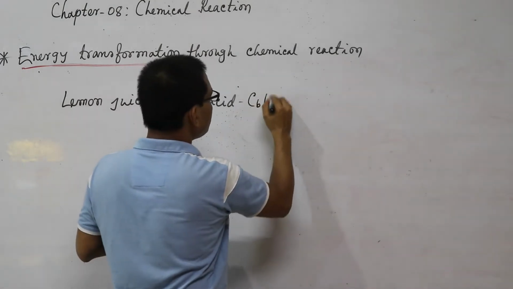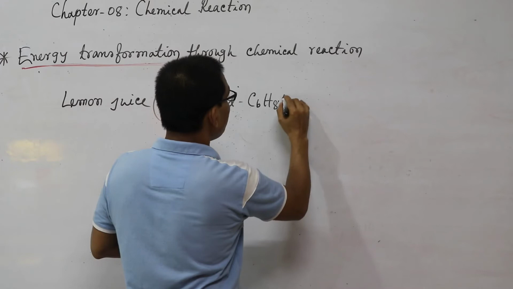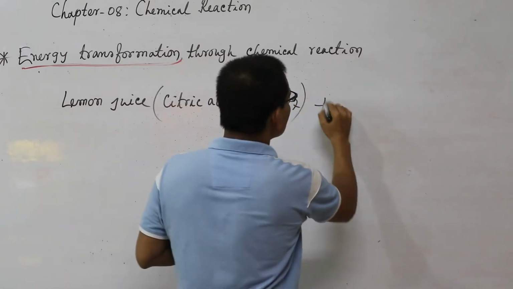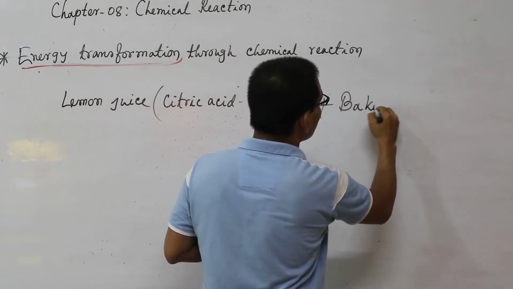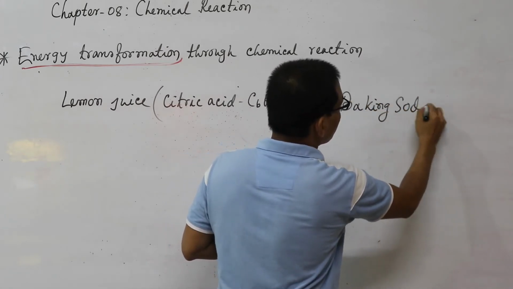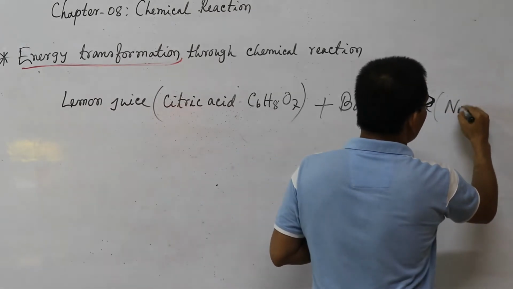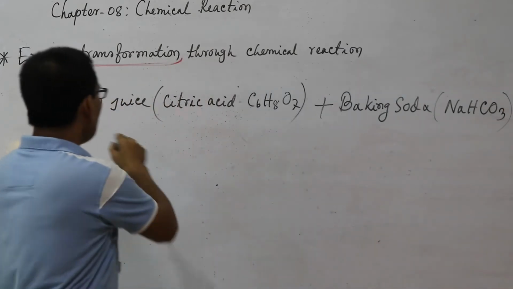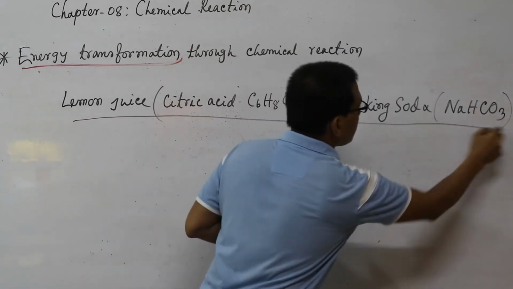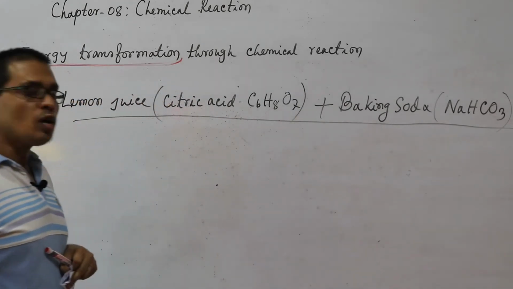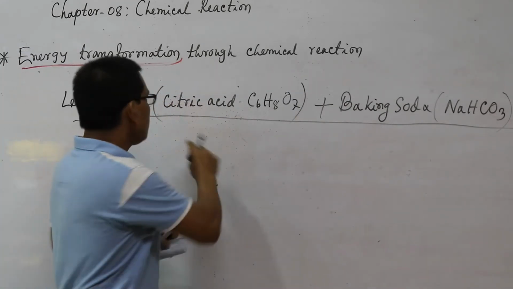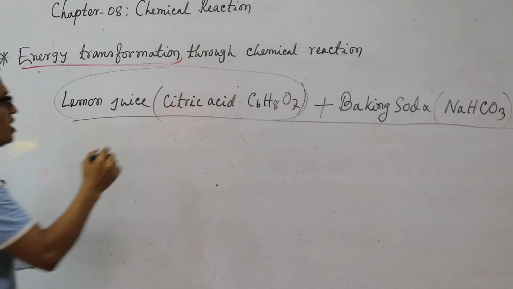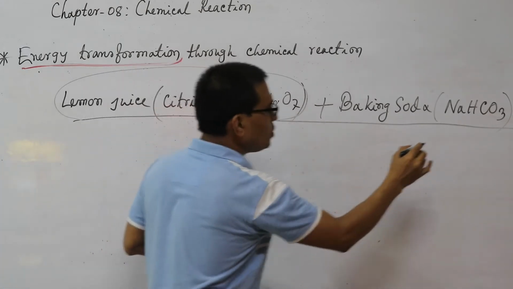The formula is C6H8O7 for citric acid, and add some baking soda, NaHCO3, sodium bicarbonate. Lemon juice and baking soda. What will happen? These two are reactants.